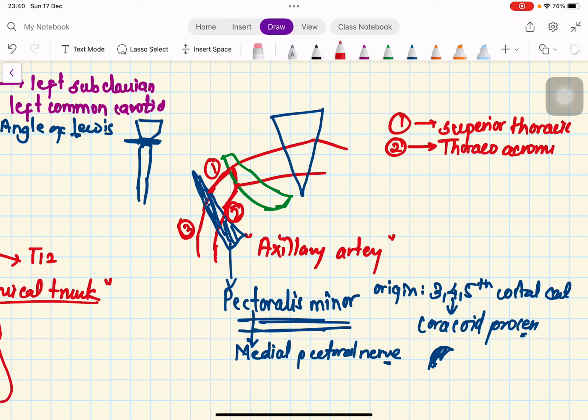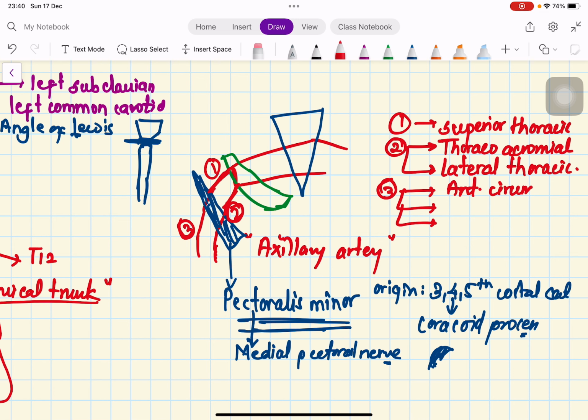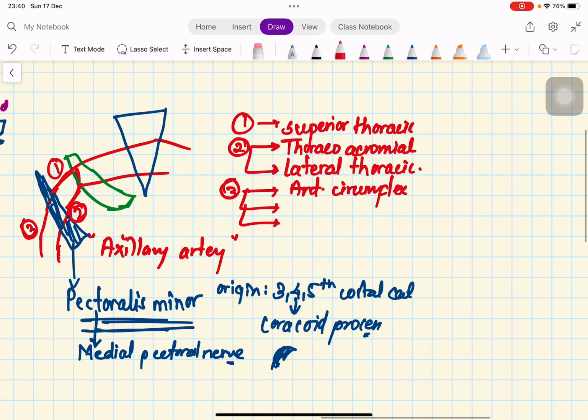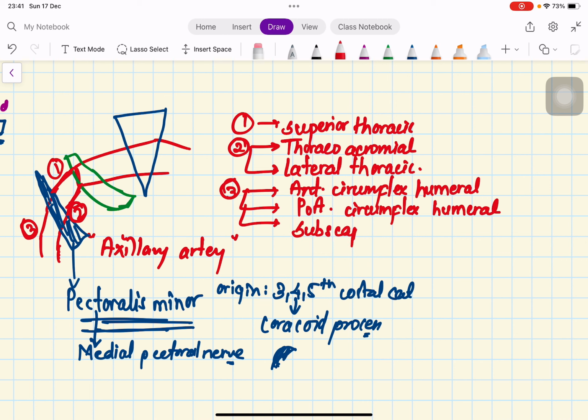thoracoacromial as well as the lateral thoracic. Okay, and from the third part there is the origin of three: the anterior circumflex humeral, the posterior circumflex humeral, and the last, the subscapular.